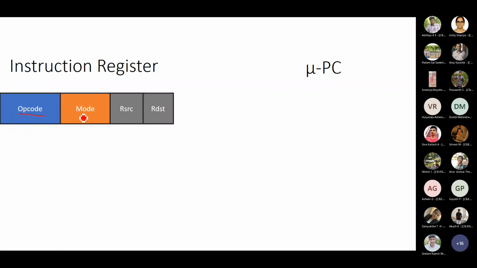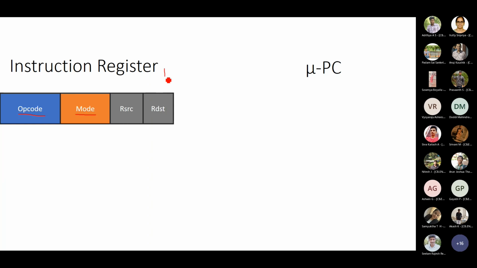Then mode is the one which defines which addressing mode it is. If it is add instruction, in add, again we had seen 4 possible ways of add instruction, isn't it? Out of those 4 possible, again there is direct and indirect. Which one is it? In order to understand that, the mode field is used. Then source register field, destination register field.